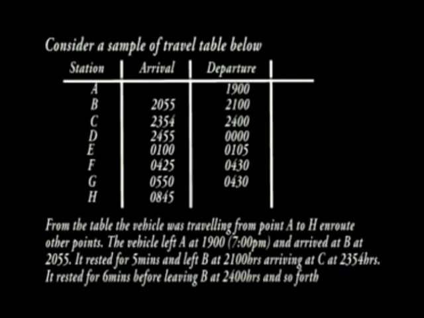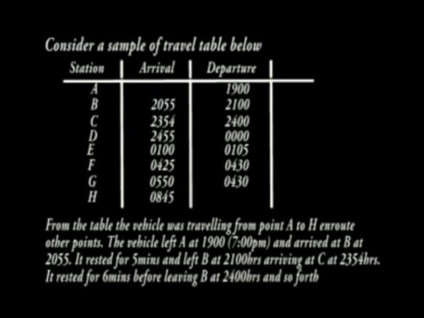Travel timetables. Whenever a vehicle travels from, say, town A to Z, it may make stops at several other points. Consider a sample of travel table below. From this table, the vehicle was traveling from point A to point H. The vehicle left A at 1900 hours, that is 7 PM, and arrived at B at 20:55 hours.